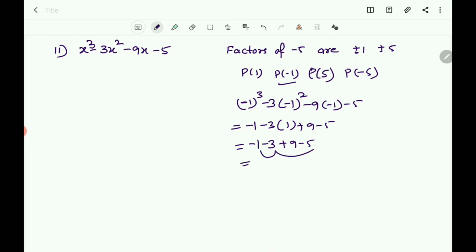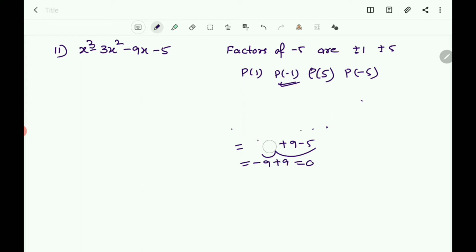Then the sum of these three negatives becomes minus 9, plus 9, that is equals to 0. Then it is okay. Second one, p of minus 1 you take. By using that p of minus 1 you will get one factor. After getting one factor, next you can get the other factors also. So here p of minus 1 means x minus minus 1, that is x plus 1, is a factor here.